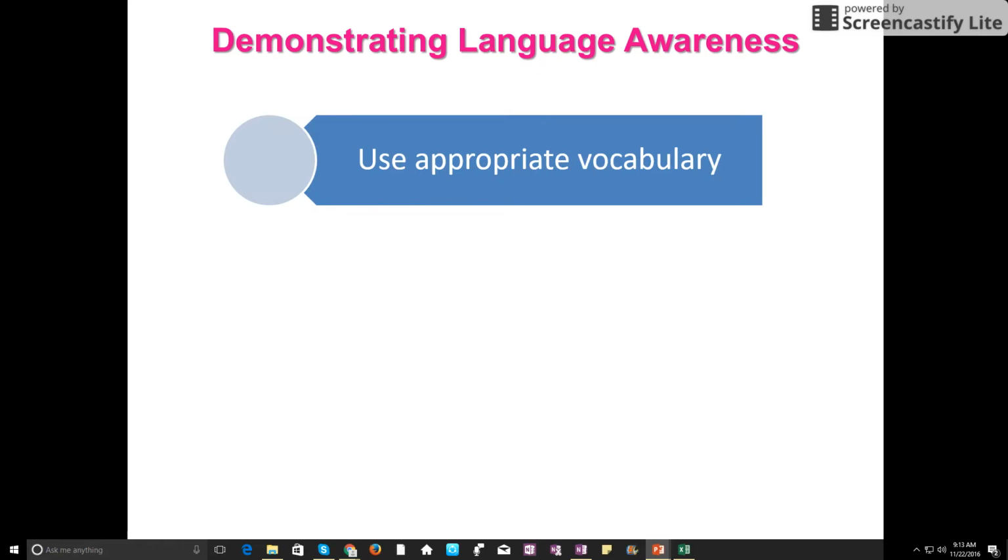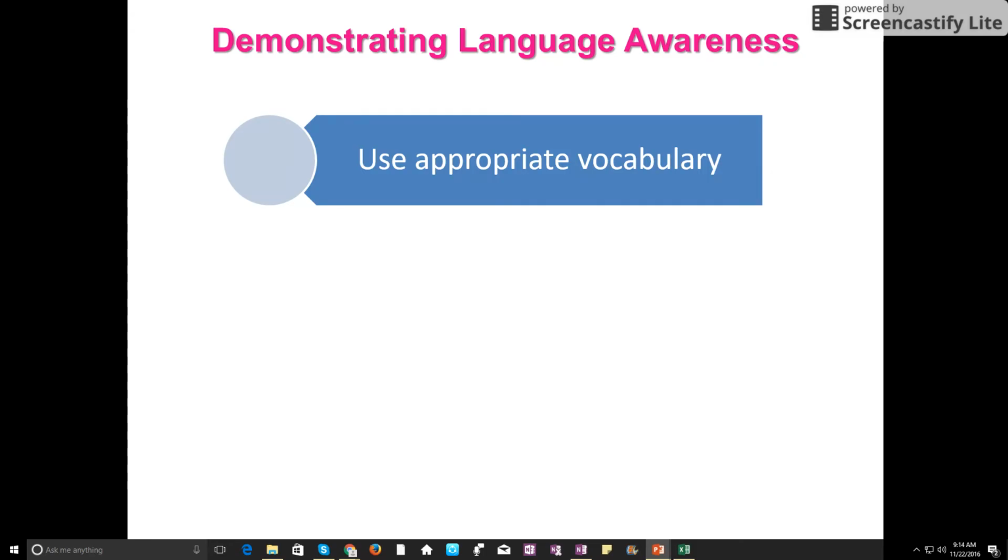So you want to try to avoid, like we mentioned, idioms and those phrasal verbs like get off, or let's see, I can't think of any others at the moment, but those phrasal verbs that may be confusing to our students.